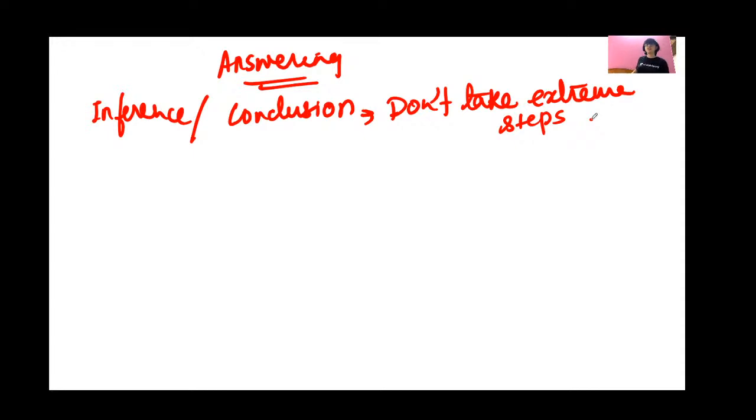Avoid those options which contain extreme words. Which words are extreme? Never, all, must, extreme words. Why are these extreme words? These are extreme words in case of inference and conclusion, because when you draw an inference, you are never sure.